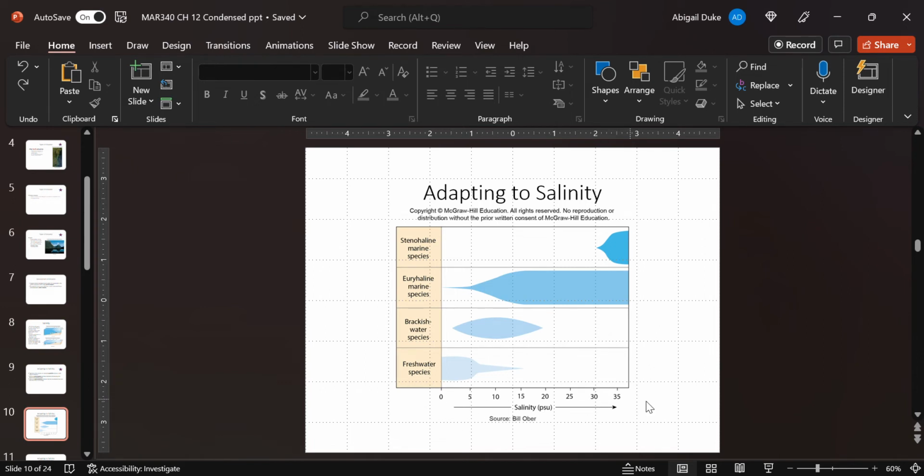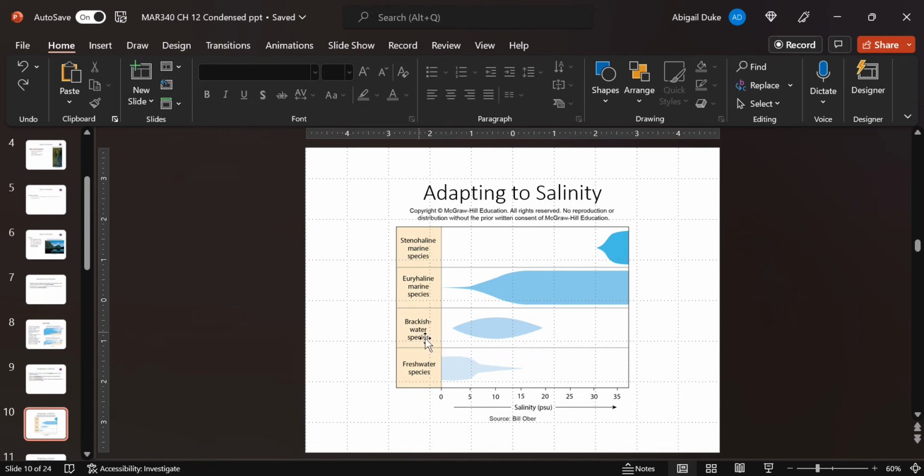So I think this is the soft salinity that they can just take, and then stenohaline marine species, they actually have to live in the thick of it. Euryhaline marine species can kind of just take it all.